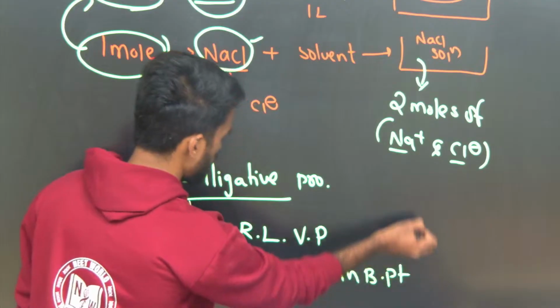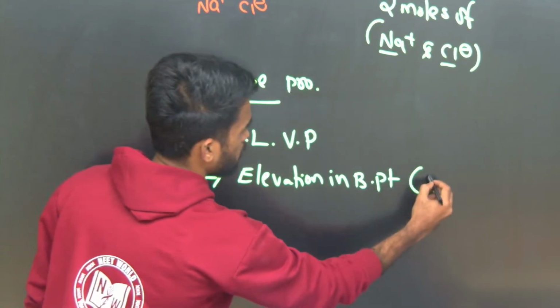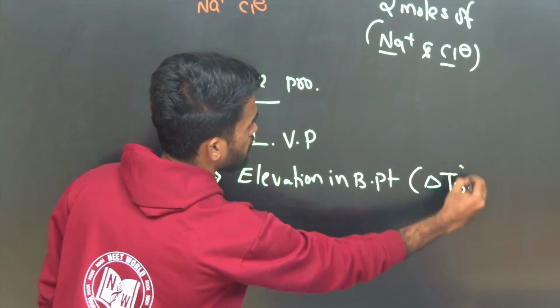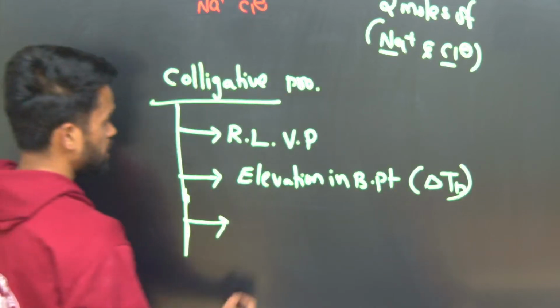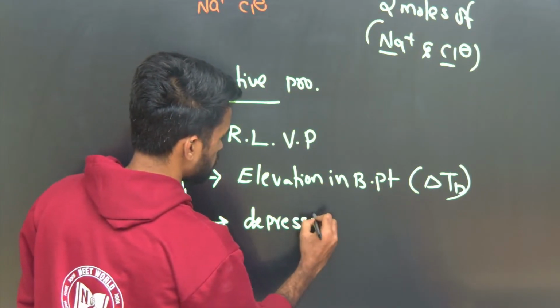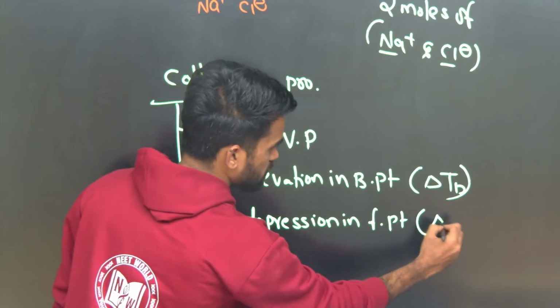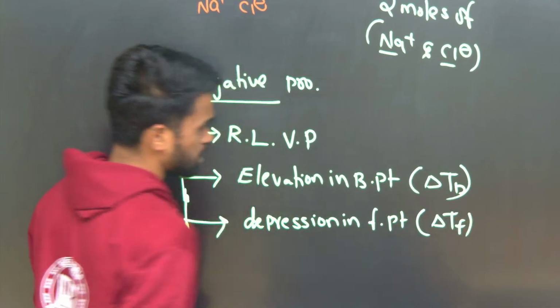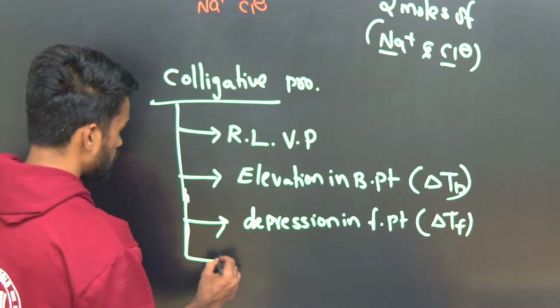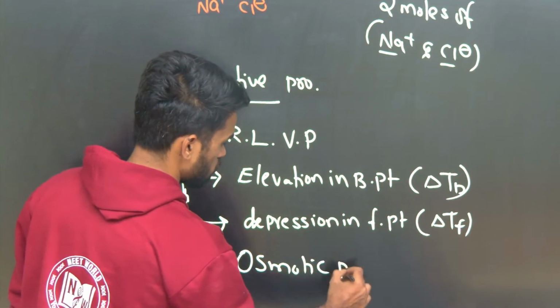ΔTb is used for indication of elevation in boiling point. The next is depression in freezing point, indicated with the symbol ΔTf. Very easy, all these just follow. Next, osmotic pressure.